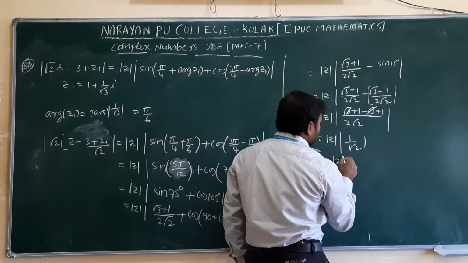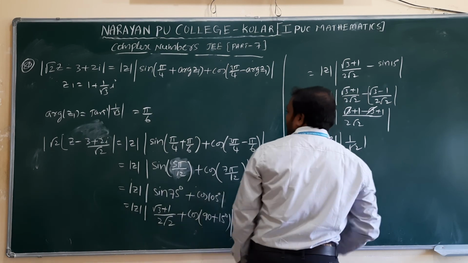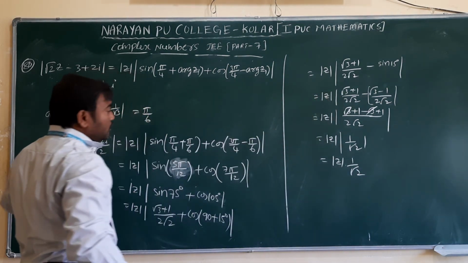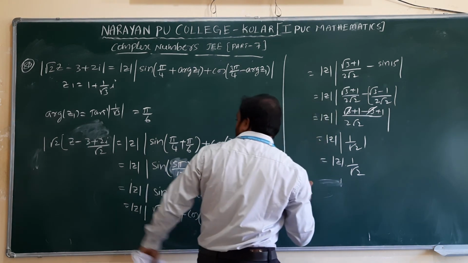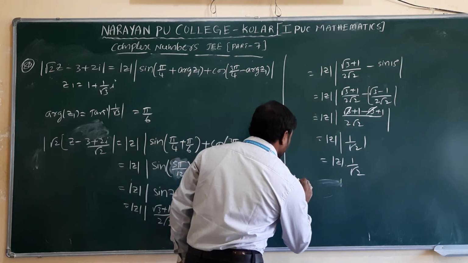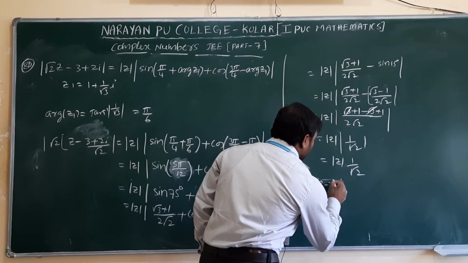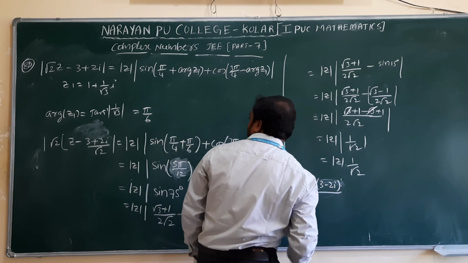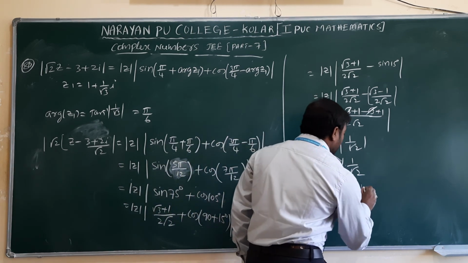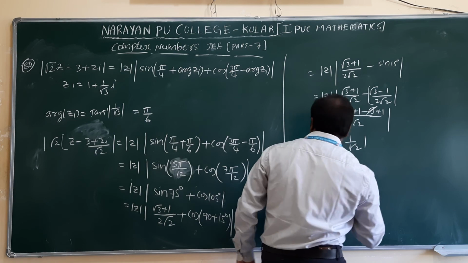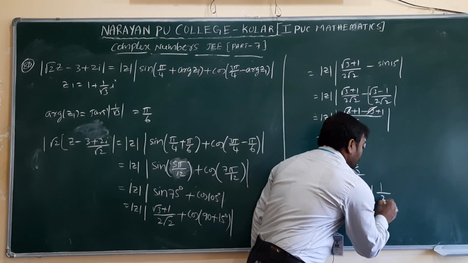So modulus of z into 1 by root 2, but here we are getting root 2 value, so it can be written like this: modulus of z minus 3 minus 2i by root 2 is equal to modulus of z by 1 by root 2 into root 2. We are getting 2 only.